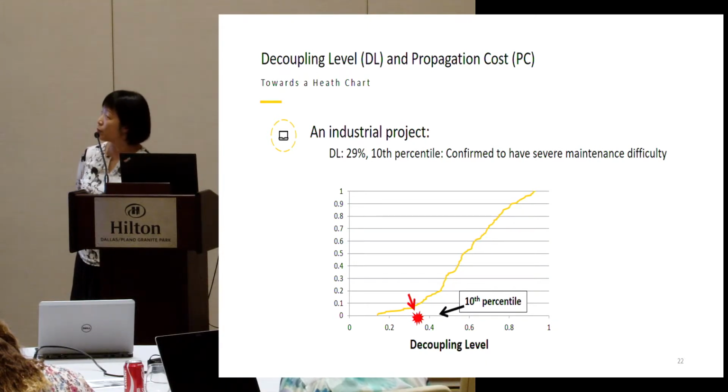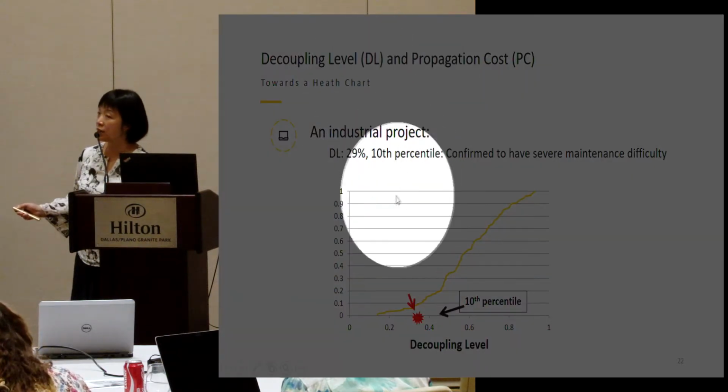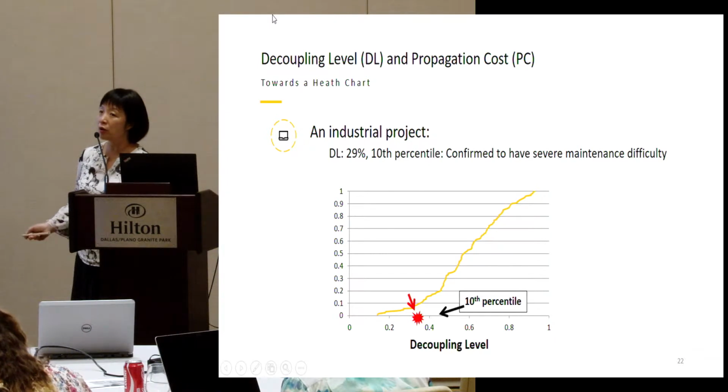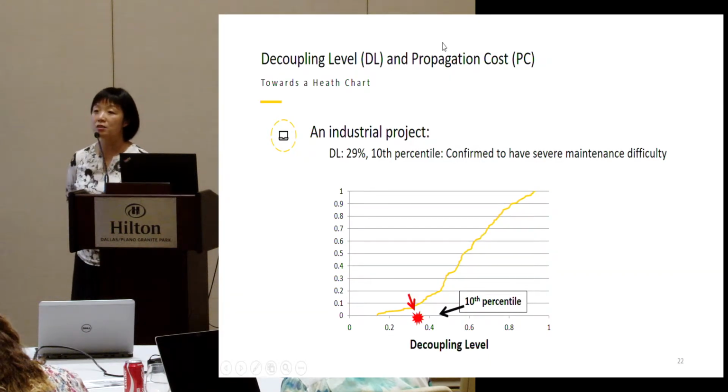So this is from one of the industrial projects we analyzed one year ago. In this industrial project, its DL score is 29%. And compared with all the other 129 projects, it is only ranked in the 10th percentile, which means that this is pretty low, very hard to maintain.